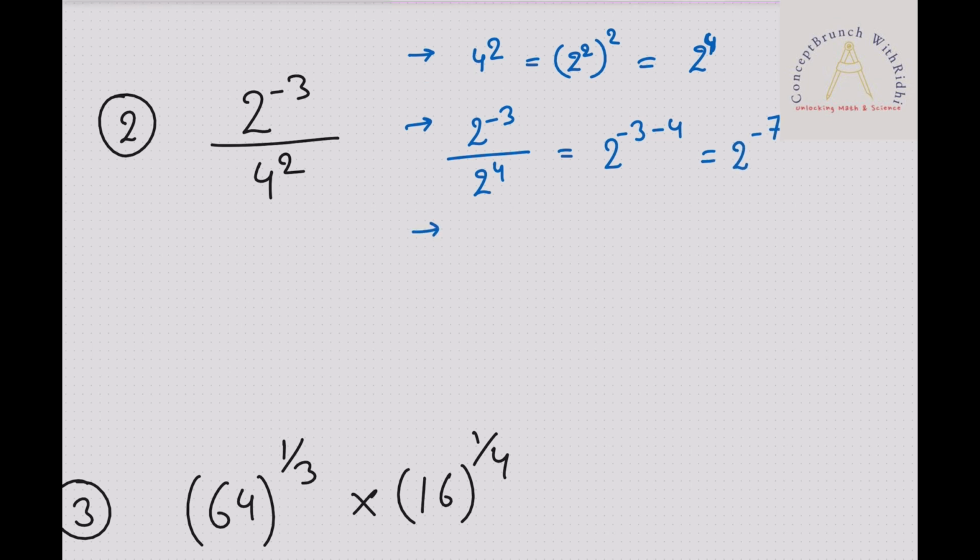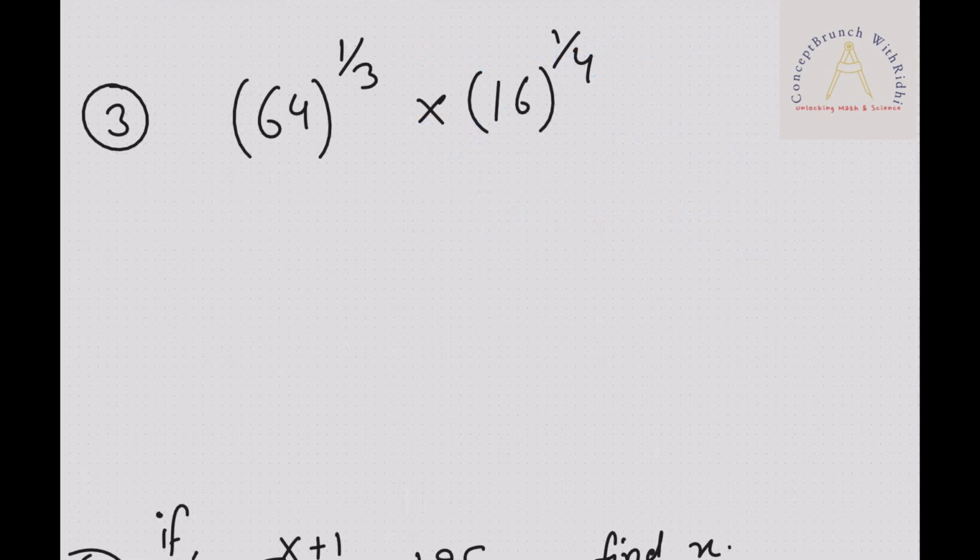But we can't leave a negative exponent like this. We have to make it positive always. So apply the negative exponent rule. 2 to the power of minus 7, you can write 1 over 2 to the power of 7, right? And as you know, 2 to the power 7 is 128. So the final answer will be 1 over 128. And this is your final answer.